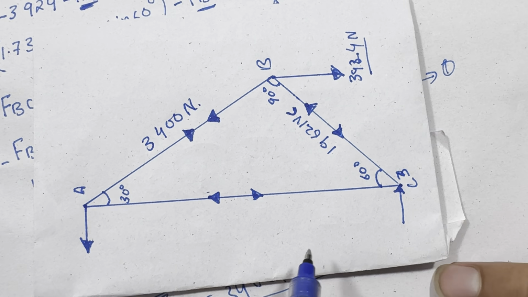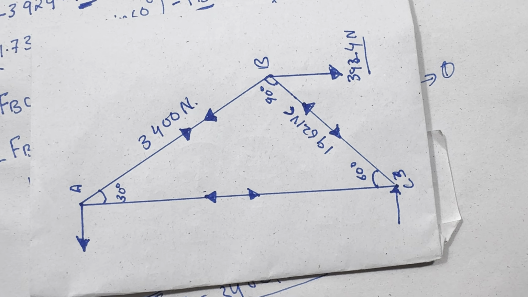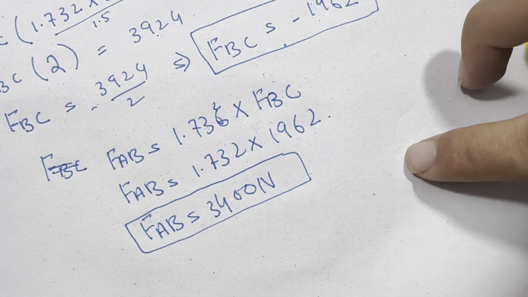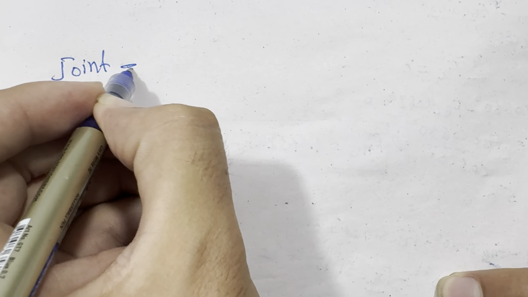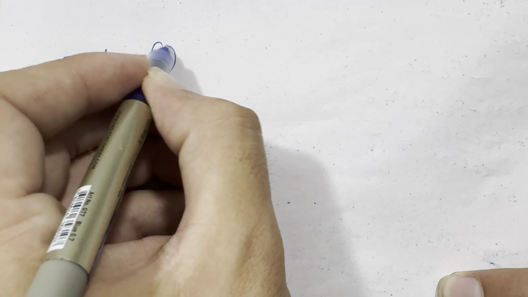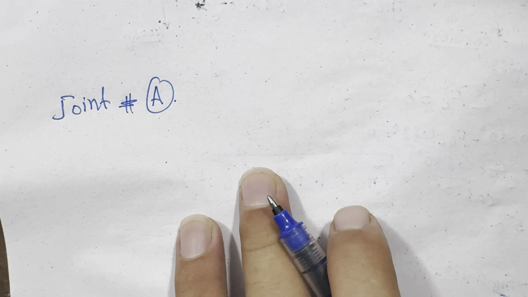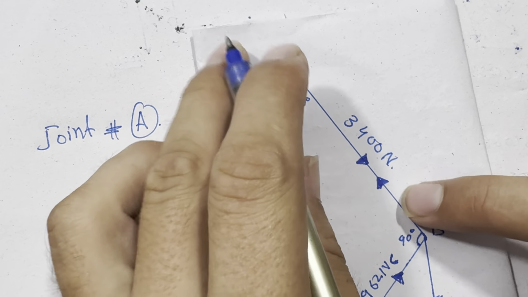Now the remaining member whose force we will calculate. So I take joint A. If I take joint A, there are three forces.